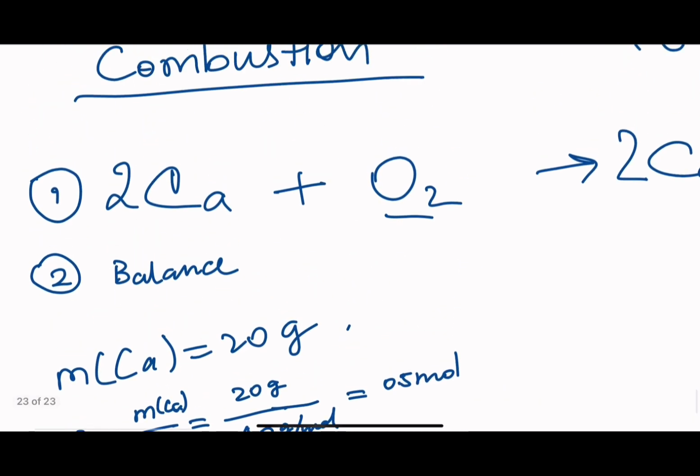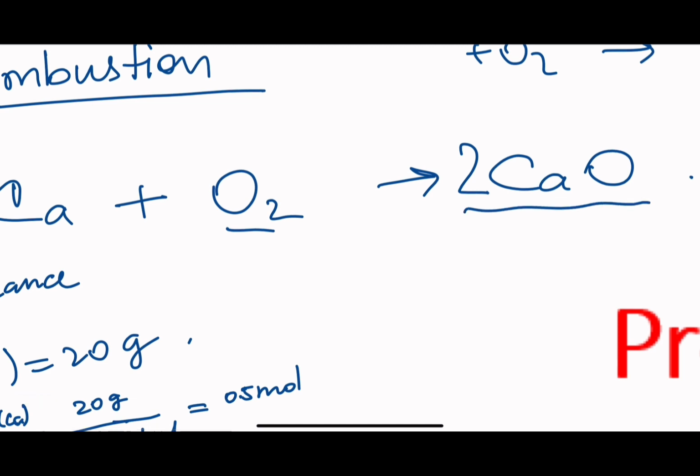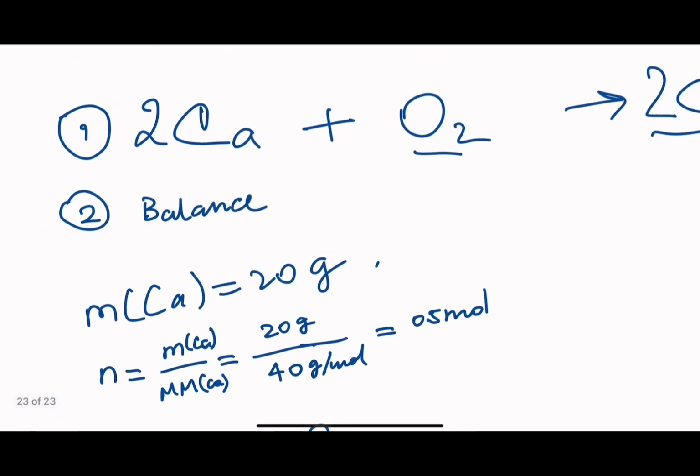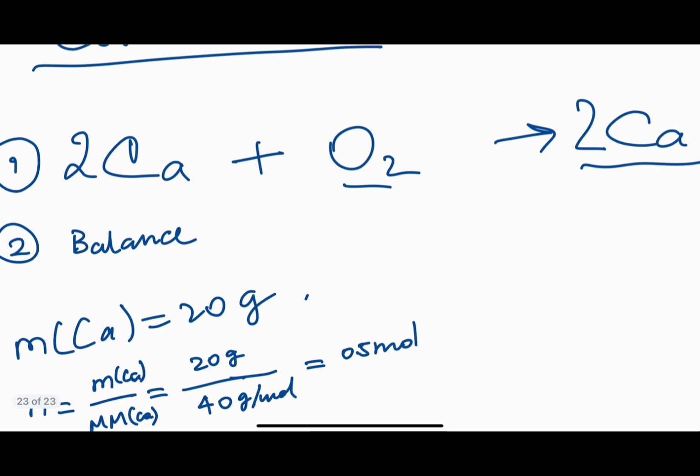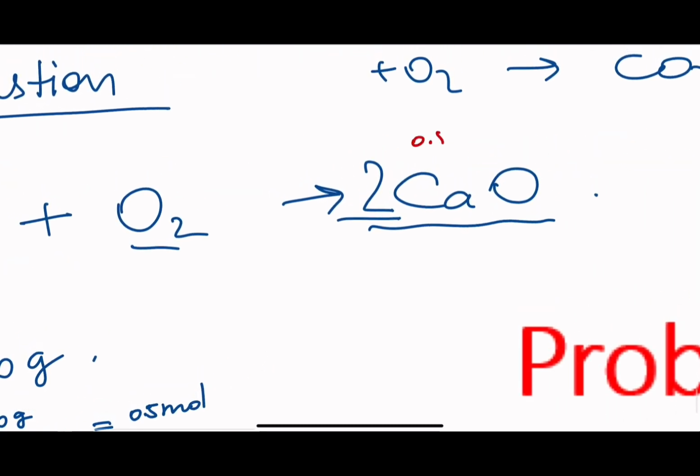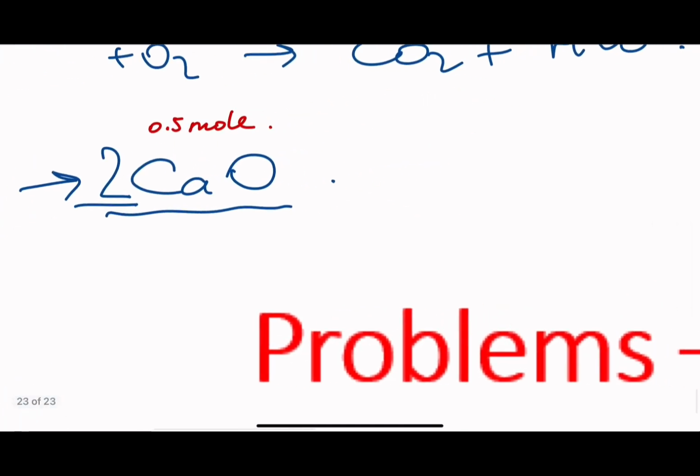So now it is asking how many grams of this you will be getting, right? Because you know that 2 moles gives you 2 moles back. So because this is going in at 0.5 mole, you will be getting 0.5 mole of this. So now you have the molar amount of calcium oxide.